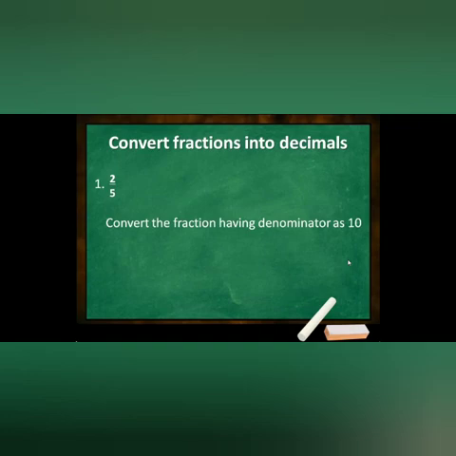So the numerator and denominator you will multiply with 2. So 2 2s are 4, 5 2s are 10. Now how are we going to write the decimal form? Yes, you will count the number of zeros. So it will become 0.4 because there is only one 0. It will be 0.4. So therefore 2 upon 5 is equal to 0.4.